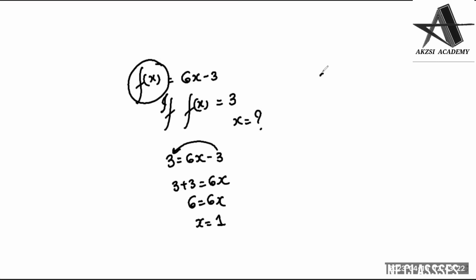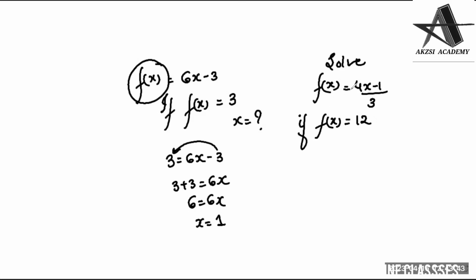Let's see one more question. f(x) equals (4x minus 1) over 3 and f(x) is given as 12. What will be the value of x? In place of f(x), I need to replace it with 12 because that's the value given. So 12 equals (4x minus 1) over 3.